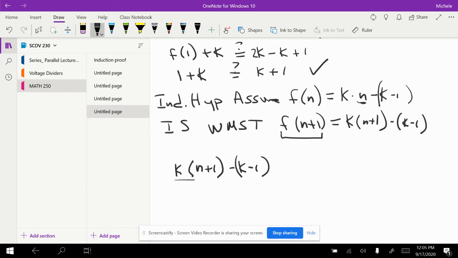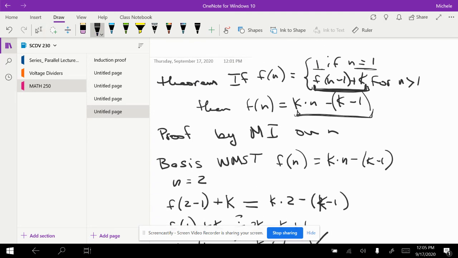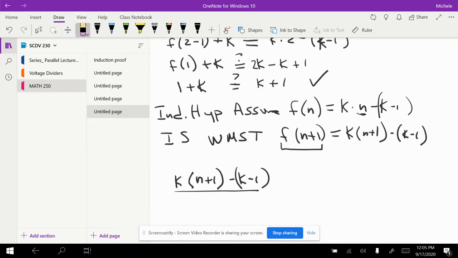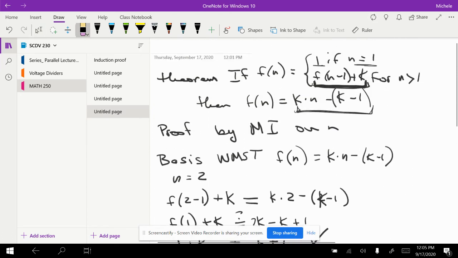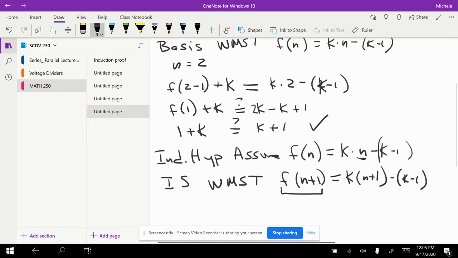I just plugged, this comes from this right here. So actually I did that wrong. Let me erase that. So I want to be using this right here. So I'm going to plug that in.